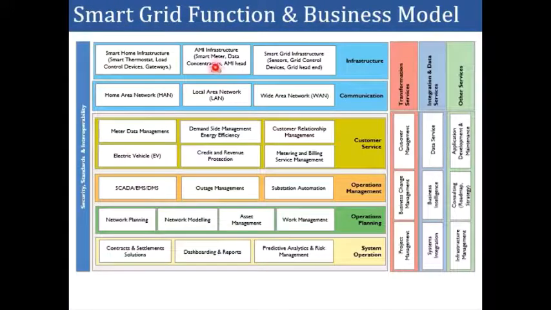Finally, we discussed the smart grid functional as well as business model, where the functional and business layers are blended in such a way that the information shared by the functional layer is used by the business layer to share with the external world.